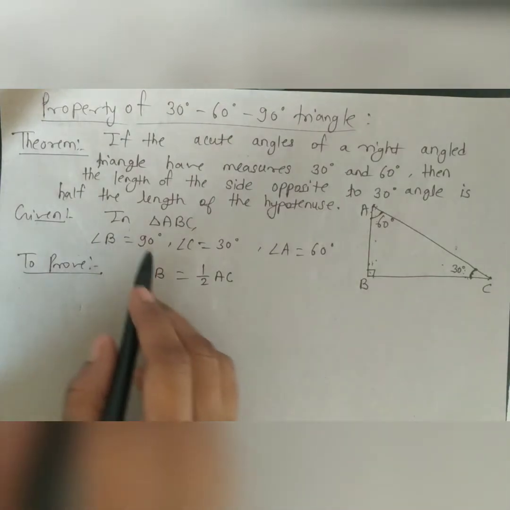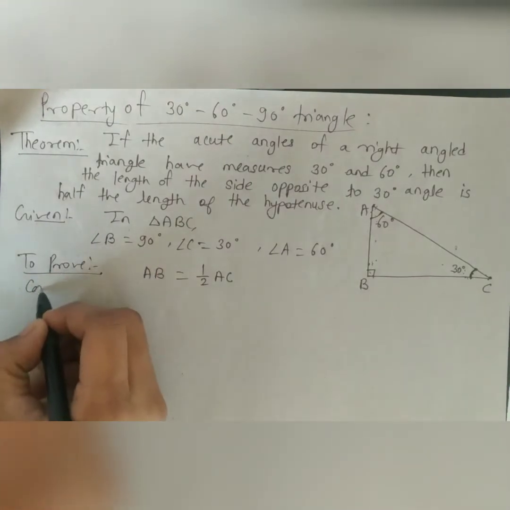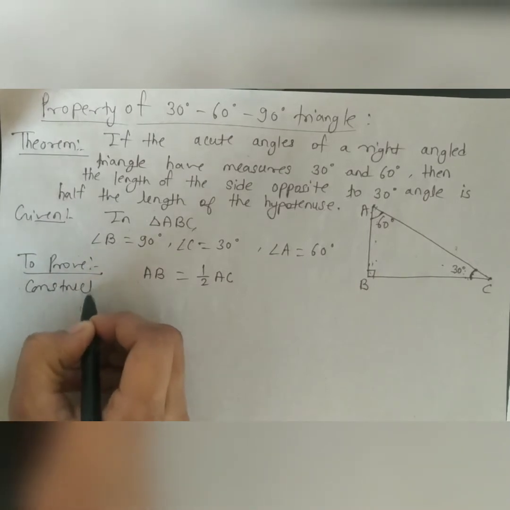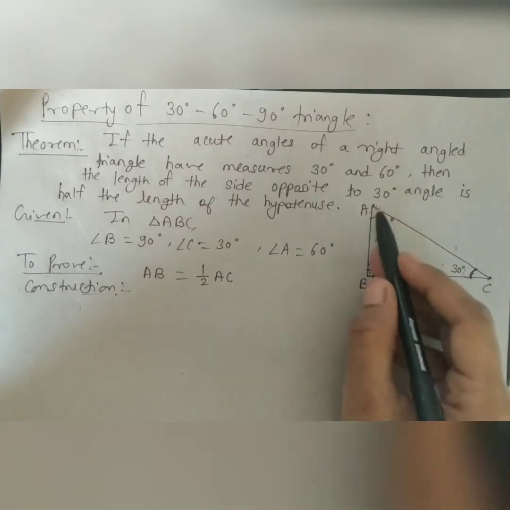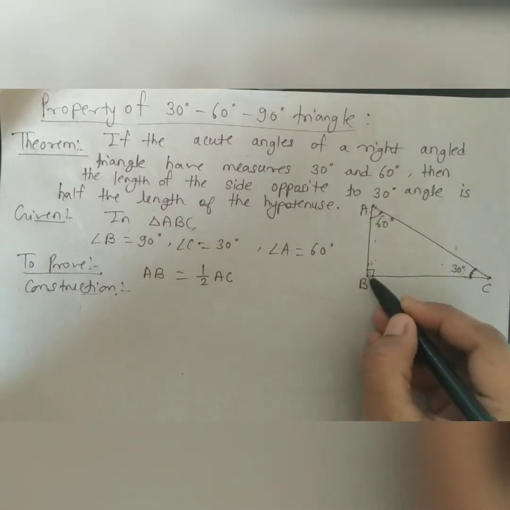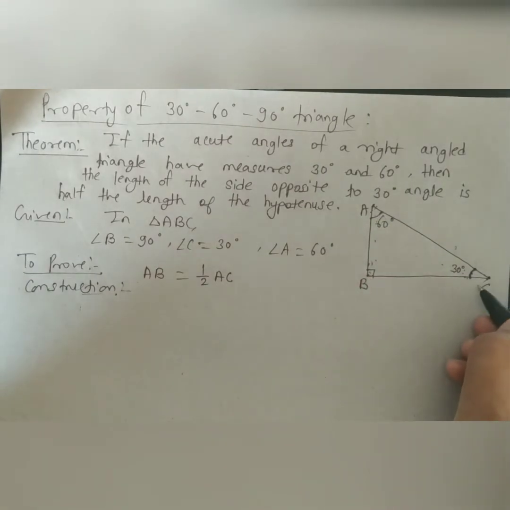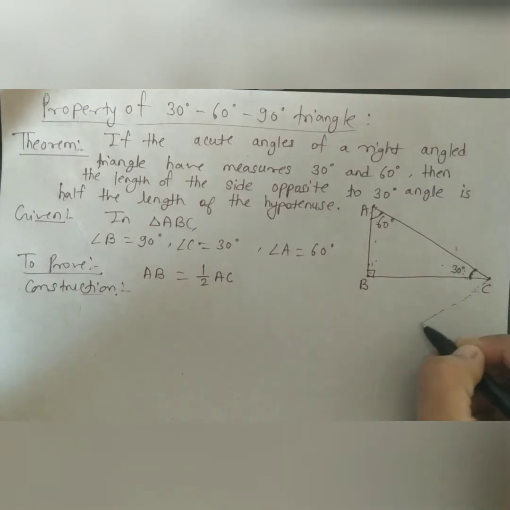For this, we do some construction. We have a triangle ABC. Now we are doing a construction.